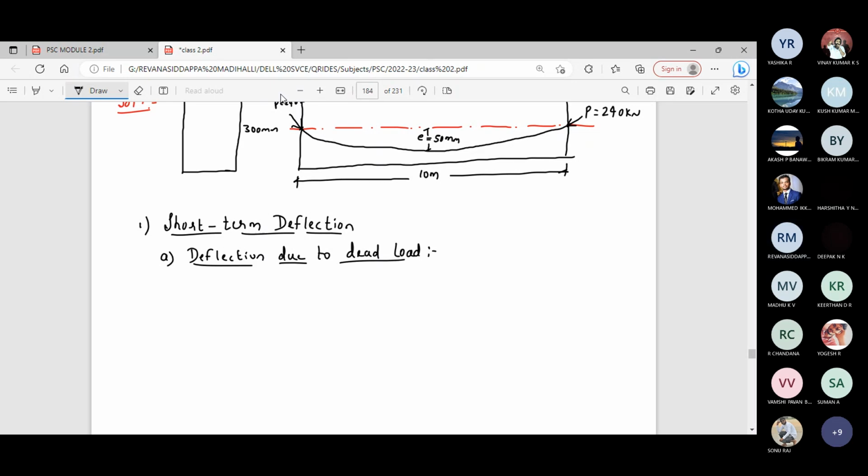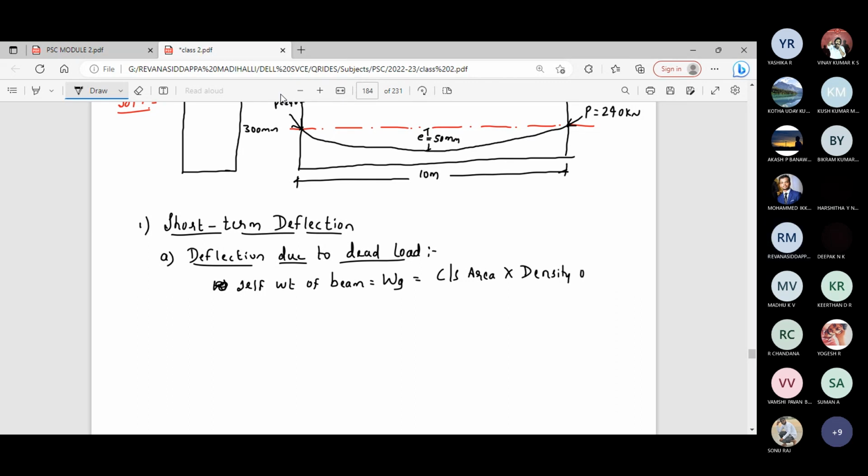Intensity of the dead load we have to find first, correct? Wg is equal to self-weight of beam. Wg is equal to cross-sectional area multiplied by density of the concrete.